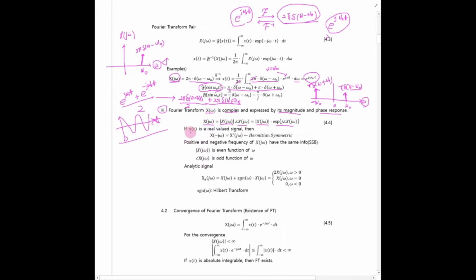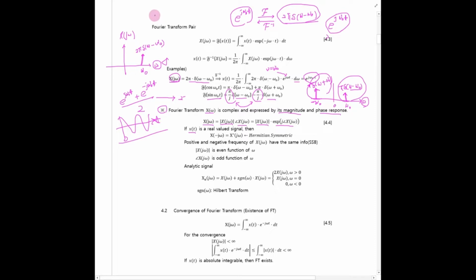Here is another comment: if x(t) is a real signal, like this cosine or sine, the positive frequency and negative frequency components are complex conjugates. You can see here, the sine function is also real. Compare this one and this one: it's a complex conjugate. This one is a positive frequency component, this one is a negative frequency component. Both of them should be complex conjugates.